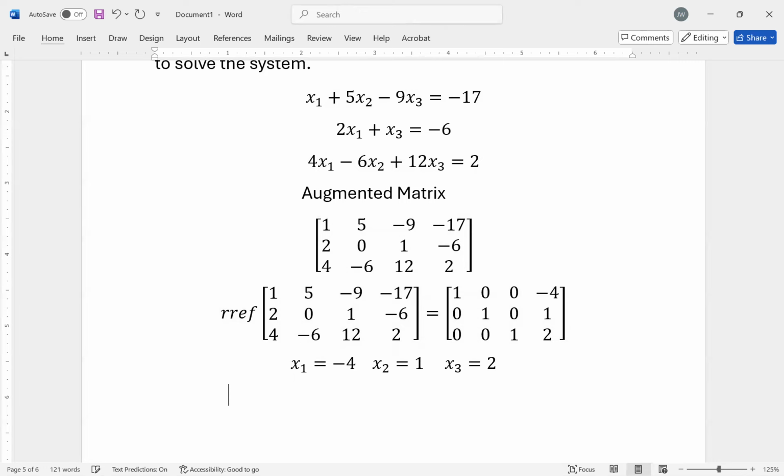Or if we had to write this as an ordered triple, we would write it as x1, comma, x2, comma, x3. So in our case, that's -4, 1, 2.